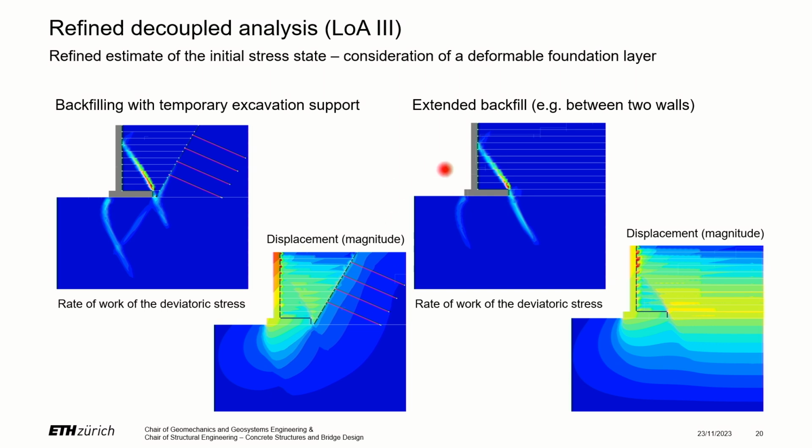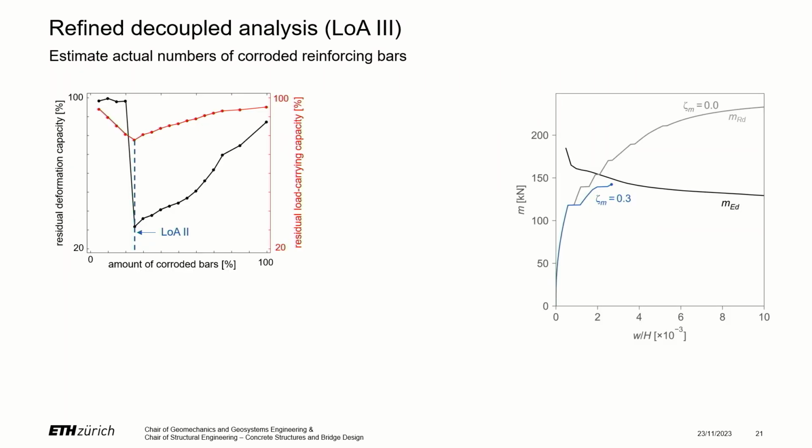While if we model an extended backfill, for example between two walls, where we have to fill the whole space between them, for example to build a road on top, then we have this displacement field here, which leads to a rotation rather in the other direction.